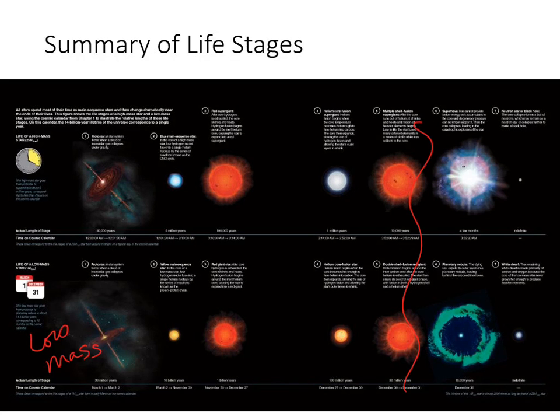This shows how a high mass star blows up, and then it ends up with two options over here: either a neutron star or a black hole. We'll be talking more about those in the next chapter.